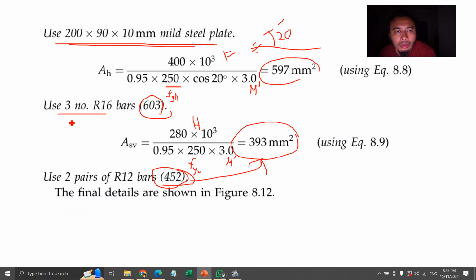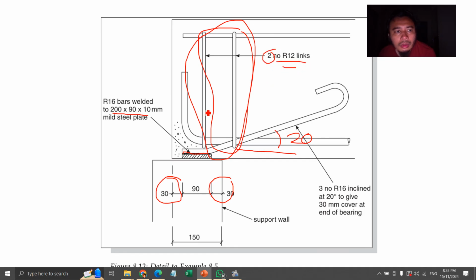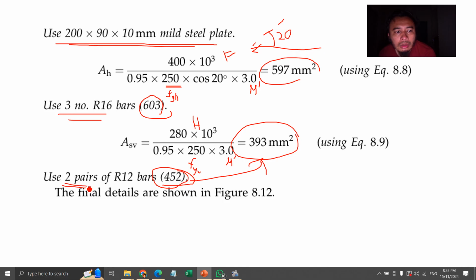So this is your design for the horizontal bars, inclined at angle 20. And then this is your reinforcement for the shear link, which is two numbers of R12.